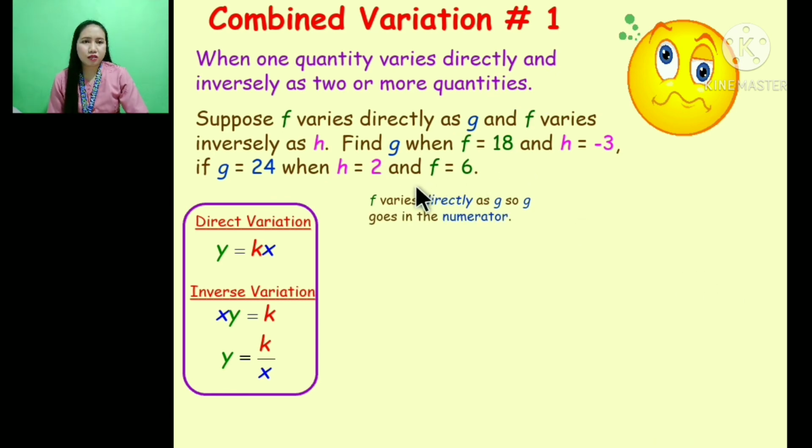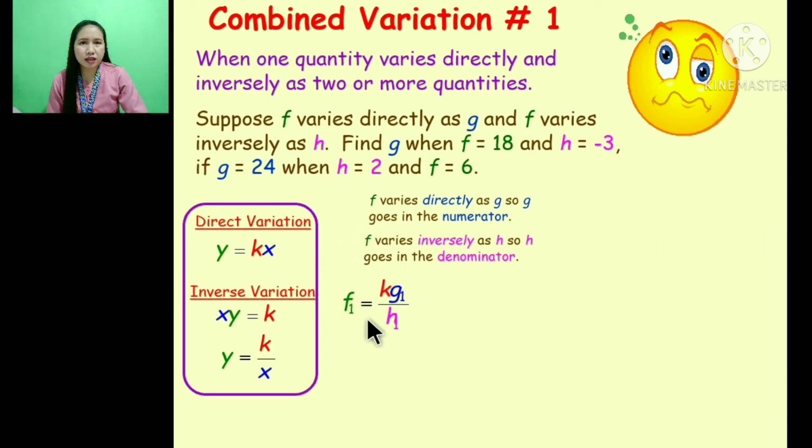Okay, so the first statement, if f varies directly as g, so g goes in the numerator. So it will become f varies inversely as h, so h goes in the denominator. So this will be now our equation.